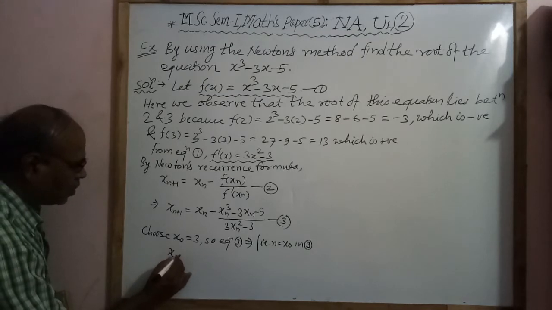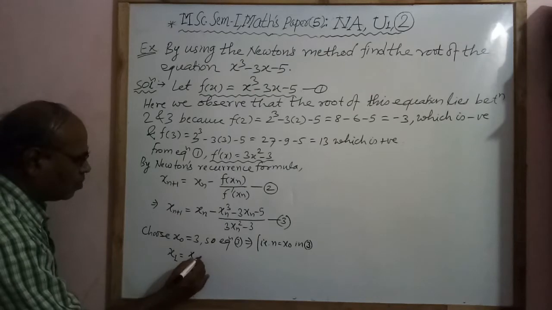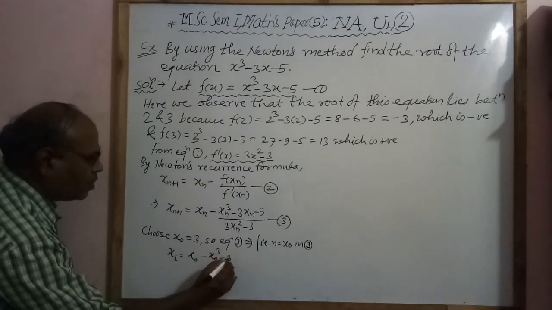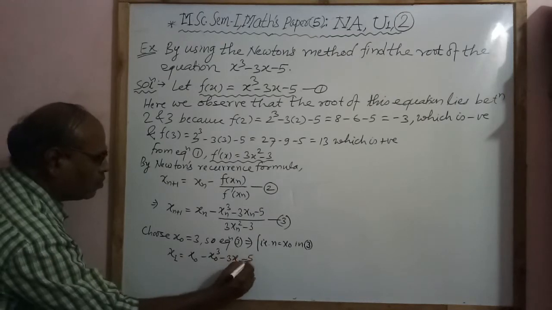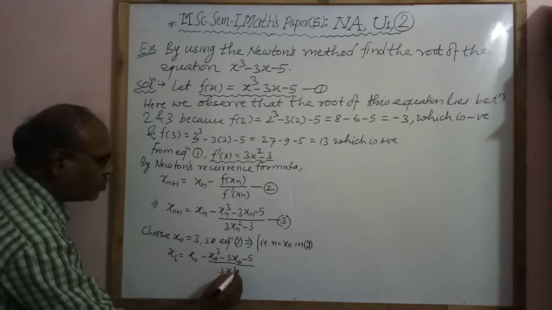Therefore, x1 equal to x0 minus x0 cube minus 3 x0 minus 5 divided by 3 x0 square minus 3.